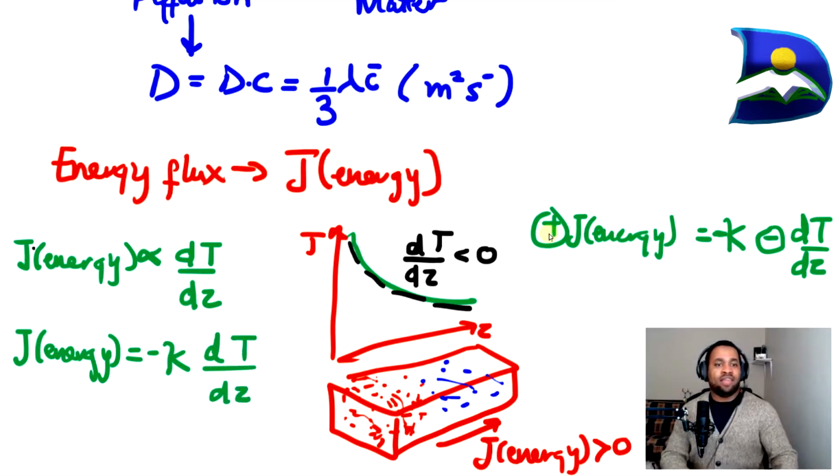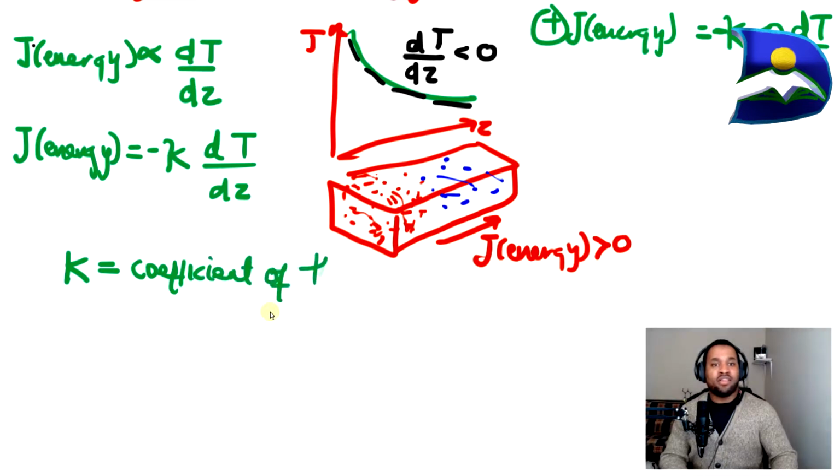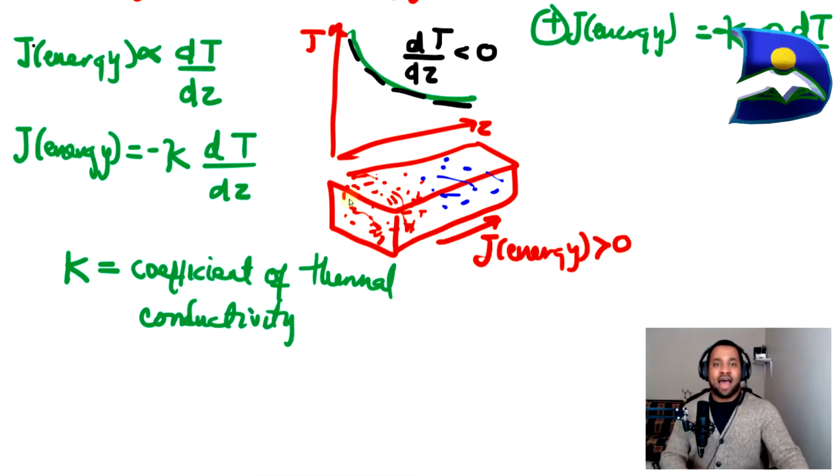In this part, we can conclude that our k is not the Boltzmann constant, but indeed the coefficient of thermal conductivity. This is linked to gas molecules in a perfect gas, as they carry energy as they move from hot regions to cooler regions.